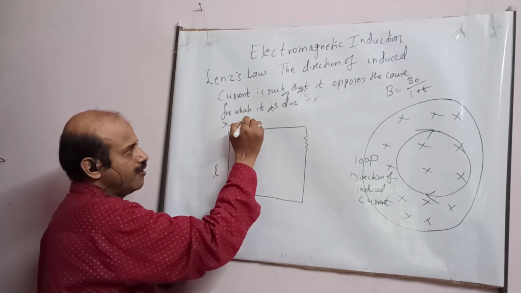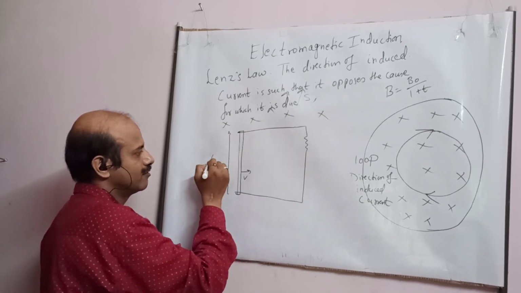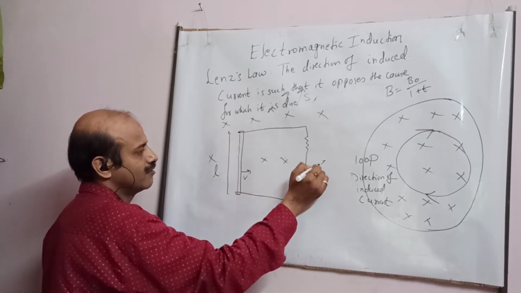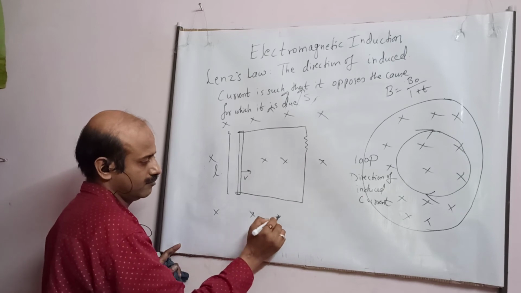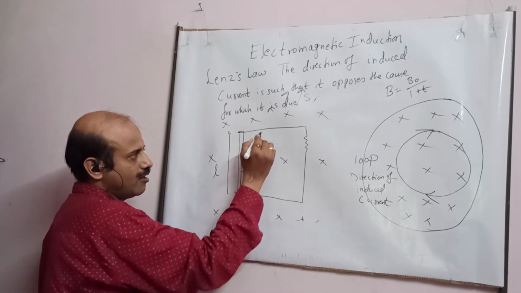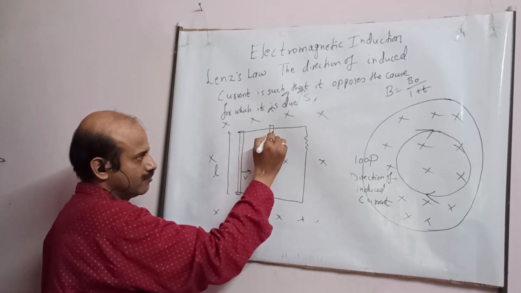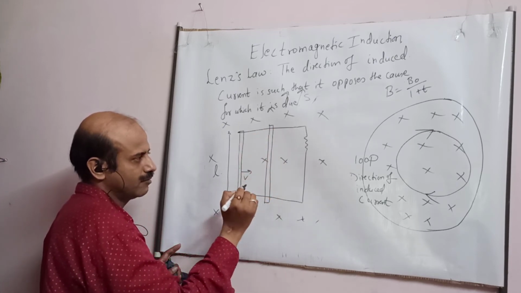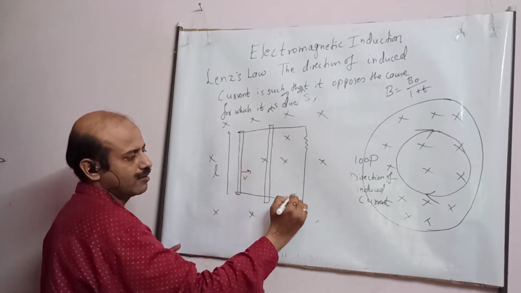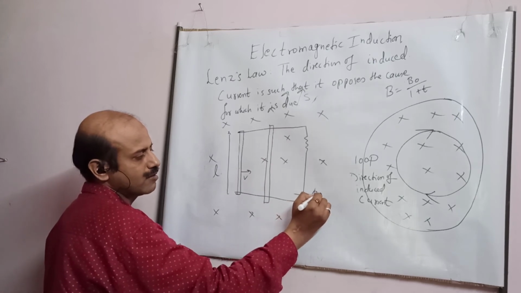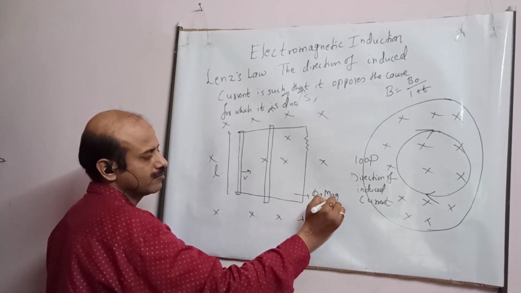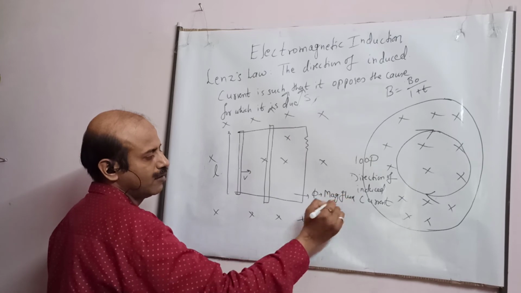This is the magnetic field, student. So this rod after some time will come here. Now see this area, student. Magnetic flux decreasing.